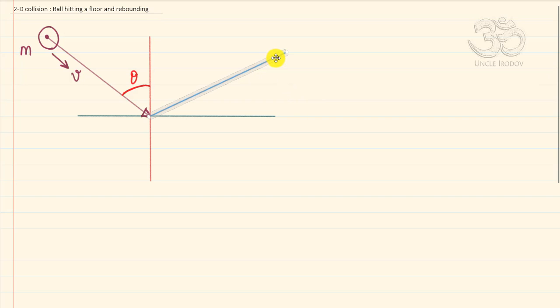In fact, that will be a very short line because that will be the velocity of the ball immediately after the collision only. So that is this, and afterwards the ball will take some kind of a path in an environment that has got gravity in it. So we need to figure out what is its final velocity, and we need to figure out this angle alpha here.